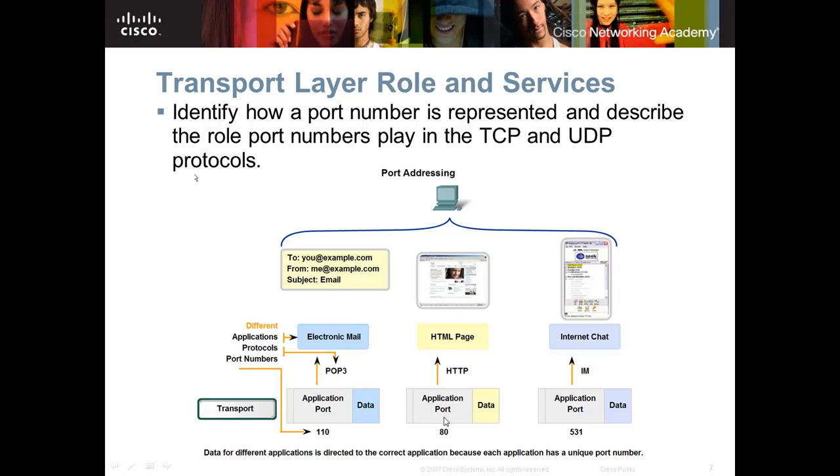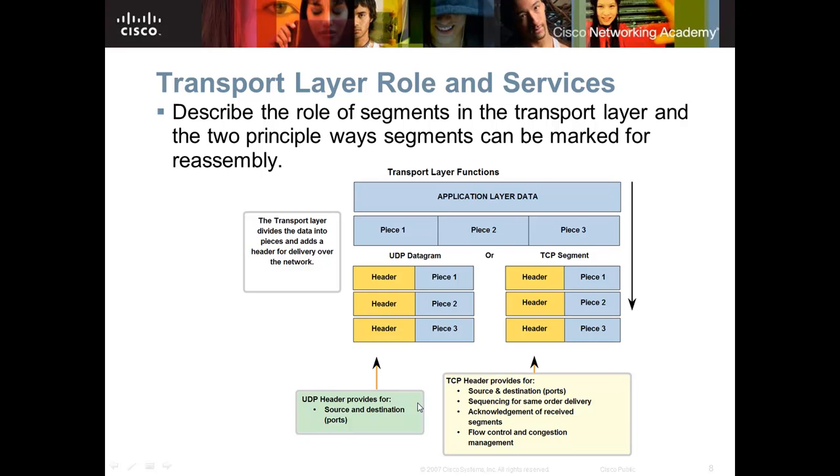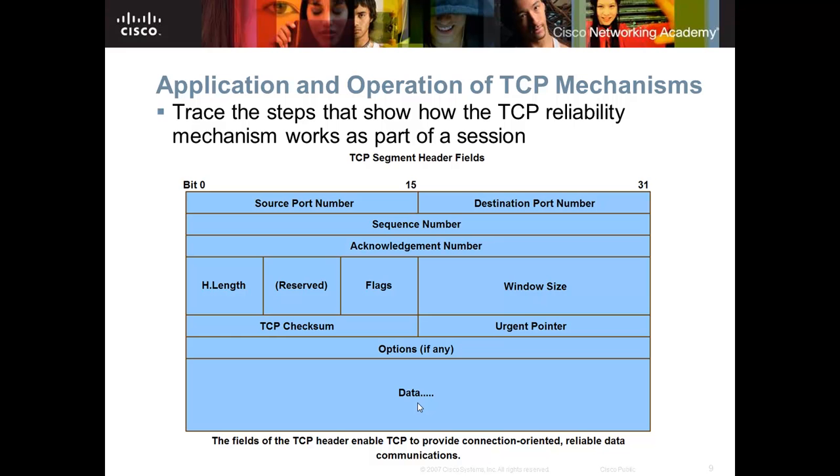So that's going to be in that port section. Divides data into pieces, so segments it out, and adds a header into each one of those pieces. So you have big bulks of data, and you're going to break that down into that TCP UDP format.